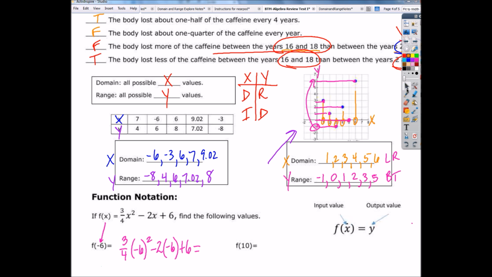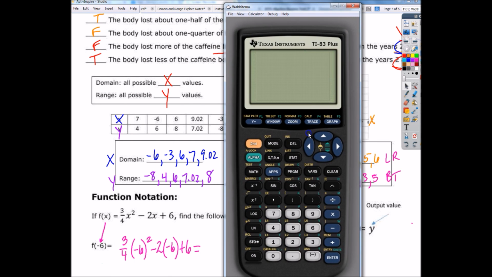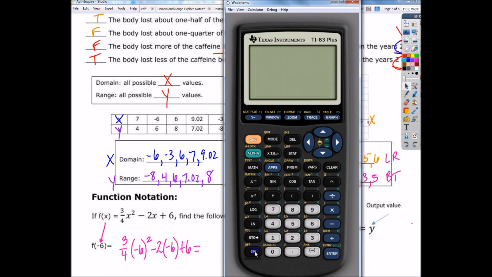Well, it just so happens we have a trusty calculator. So I'm going to bring this calculator over here. Guys, don't be afraid to use your calculator because your calculator will do the hard math for you. So let's see, I'm just going to put 3 divided by 4, parenthesis, -6, close parenthesis, square it, minus 2, parenthesis, -6, close parenthesis, plus 6.